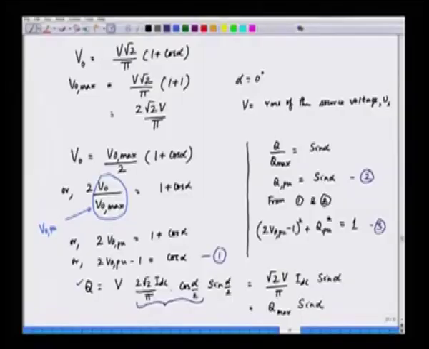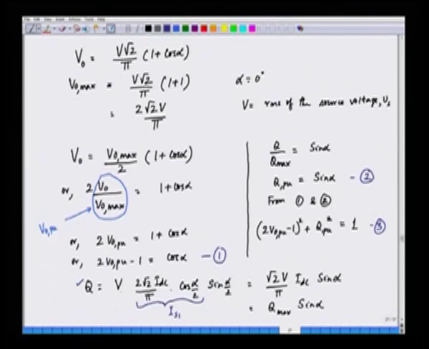So, the interaction of 50 hertz component with 50 hertz component, the 50 hertz voltage and the 50 hertz current, and 50 hertz current is precisely the fundamental current, and that is what we are seeing here, that 2 into root 2 IDC by pi into cos alpha by 2 is the current, that is IS1 into sine of alpha by 2, and this alpha by 2 is the phase angle.